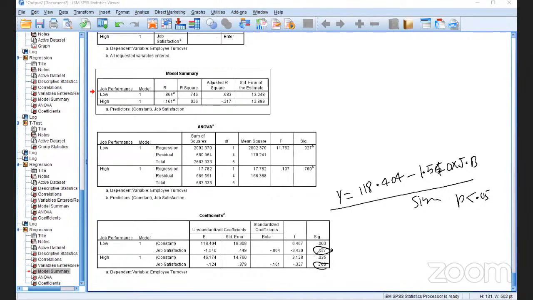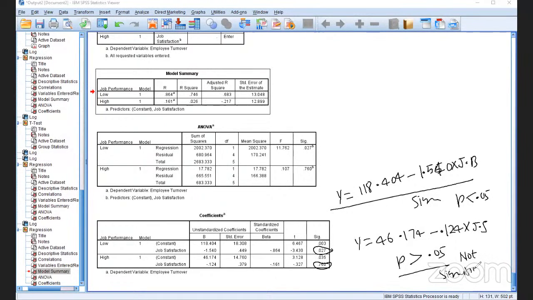For the case of high performers, y equals 46.174 minus 0.124 into job satisfaction. Okay. And the p value is greater than 0.05, so it is not significant.